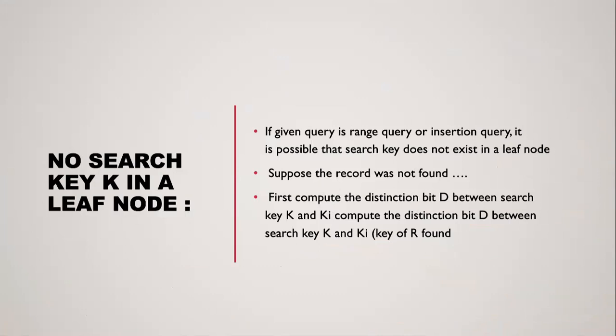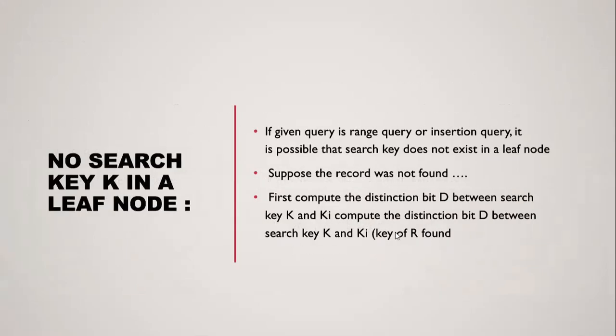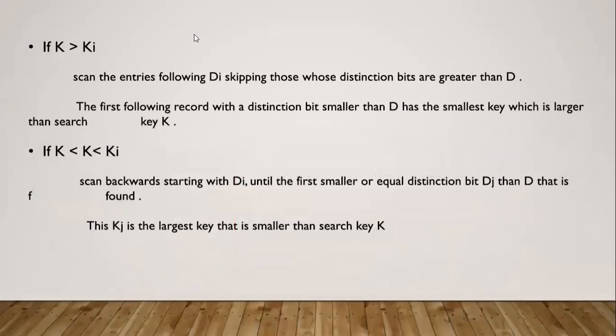Now, a search key not in the leaf nodes. If the given query is a range query or an inexact query, it is possible that the search key doesn't exist in the leaf nodes. Suppose the record was not found. Then take the first component of the distinction bit D, the search key K and K i, and compute the distinction bit D between the search key K and K i.